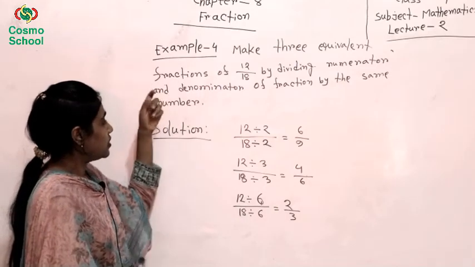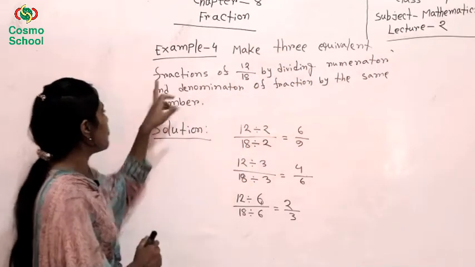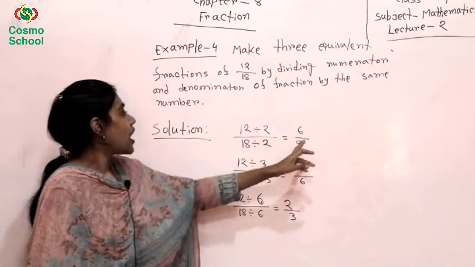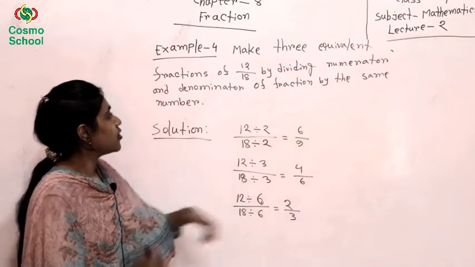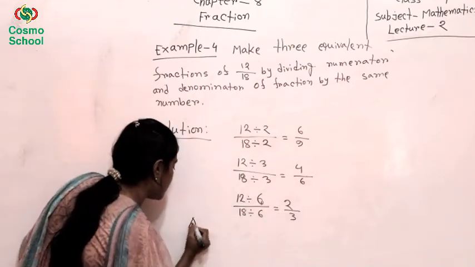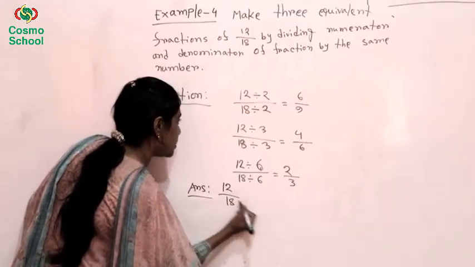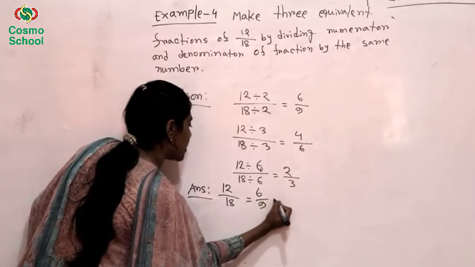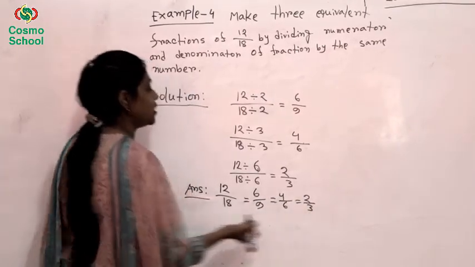The question said to make 3 equivalent fractions, so I get only 3 equivalent fractions, and the answer is 12 divided by 18, 6 divided by 9, 4 divided by 6, 2 divided by 3.